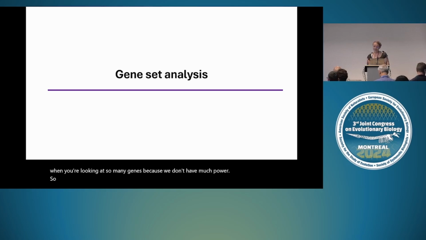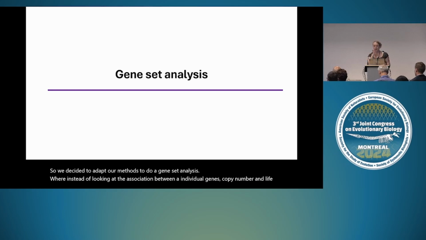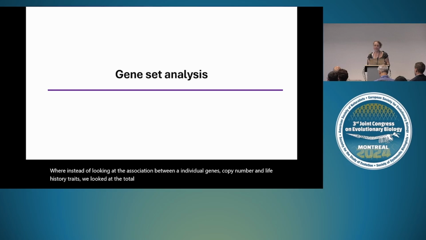So we decided to adapt our methods to do a gene set analysis, where instead of looking at the association between an individual gene's copy number and life history traits, we looked at the total gene count of genes within a set. So for a gene set, a group of genes that are involved in the same process or pathway, we aggregated the total copy number of all the gene counts in that gene set, and then looked to see if that gene set had expanded or contracted in association with body size, lifespan, or cancer prevalence.